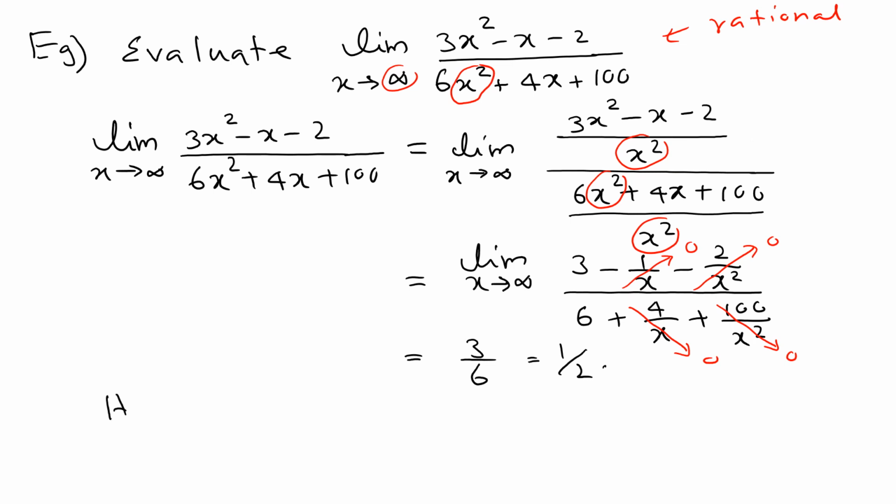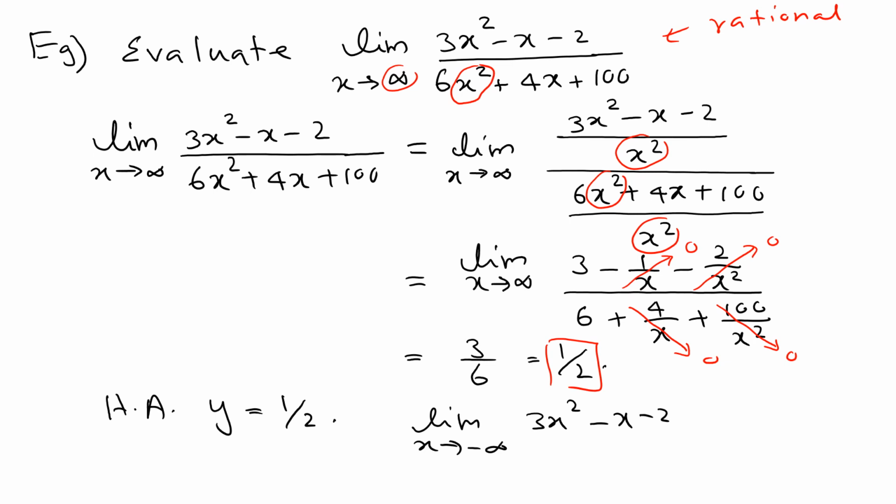So you have a horizontal asymptote y equals 1/2, and there are no other asymptotes because you only get one value. You only get 1/2, because all those terms go to 0 even when x goes to negative infinity. When x goes to negative infinity, you also get the same answer.